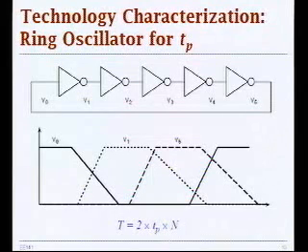So that was a first approximation and understanding of how fast your technology can go. And that can be evaluated in this ring oscillator configuration, when you have an odd number of stages, so that you can have oscillations in this structure.